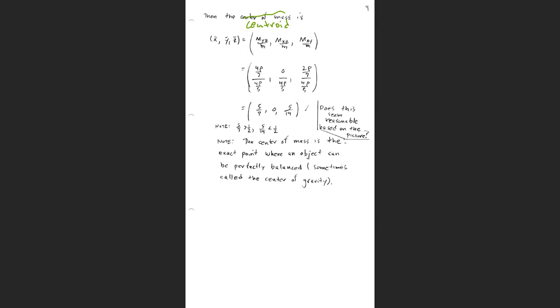When we take the moment about the YZ plane and divide by the total mass to get x bar, we have 4 rho over 7 divided by 4 rho over 5. And you know how to divide two fractions: 4 rho over 7 times the reciprocal, 5 over 4 rho. Let me make this a little nicer.